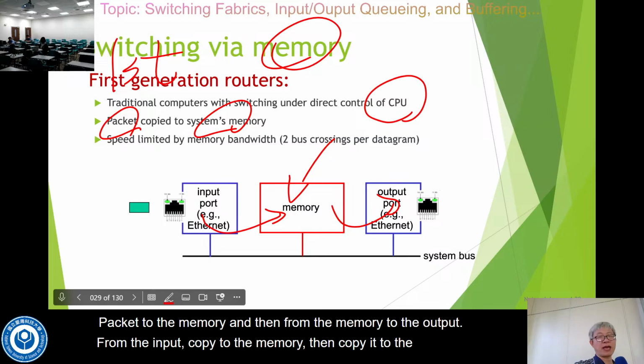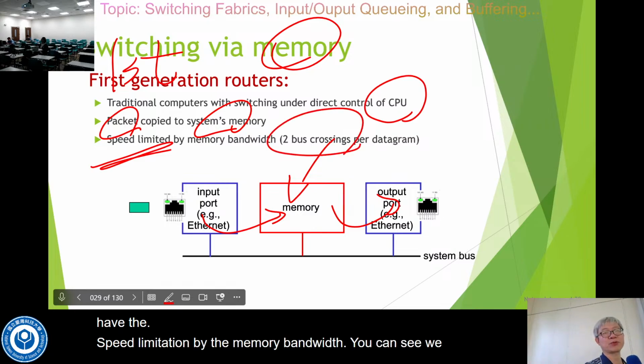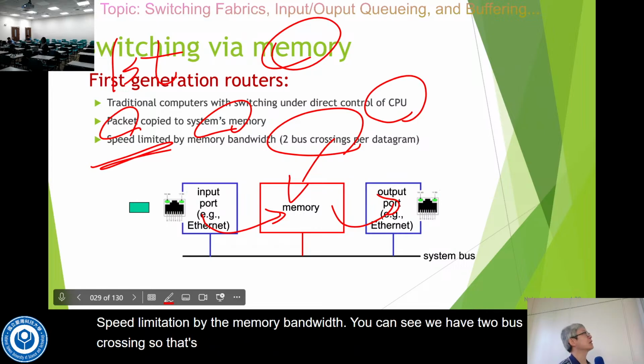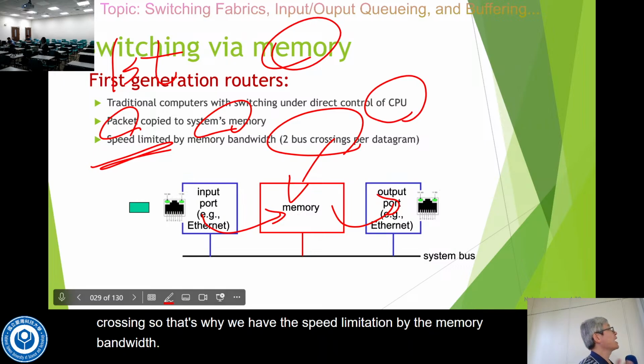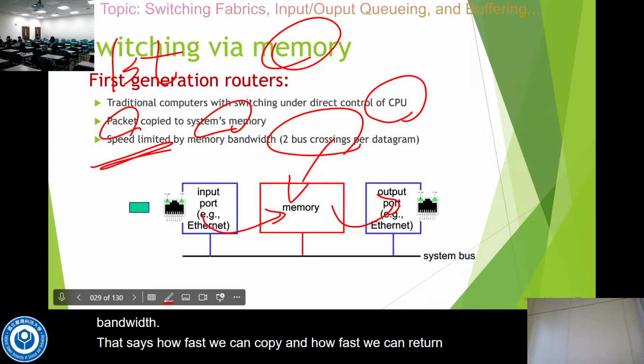That says we have the speed limitation by the memory bandwidth. You can see we have two bus crossings. So that's why we have the speed limitation by the memory bandwidth. That says how fast we can copy and how fast we can return the packet to the output.